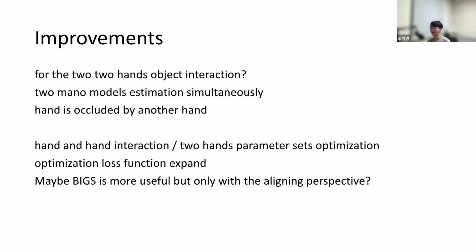So I thought that for two-hand object interaction, we will need two MANO models estimated simultaneously, and we have to consider when the hand is occluded by another hand. And I think maybe BIGS is more useful when we have to reconstruct two hands and object interaction.